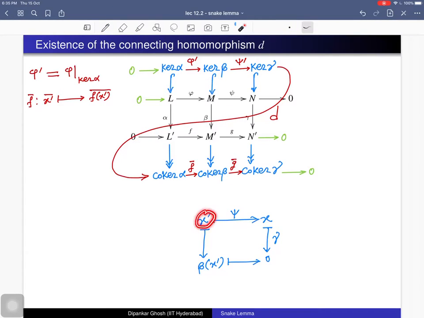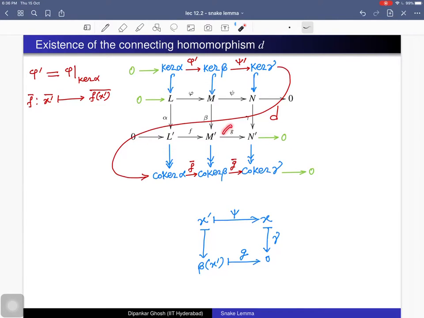Starting from here, if we come this way, then anyway it is 0. So if we come this way, then also we should get 0. Therefore, the image of beta of x prime is 0 under this map G. So beta of x prime is there in the kernel of G. Next we should use the fact that this row is exact.